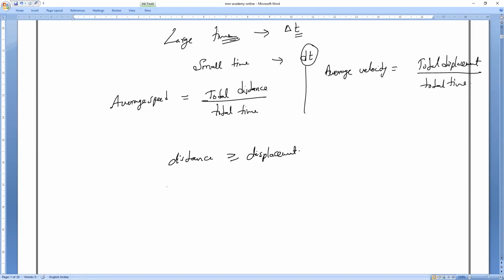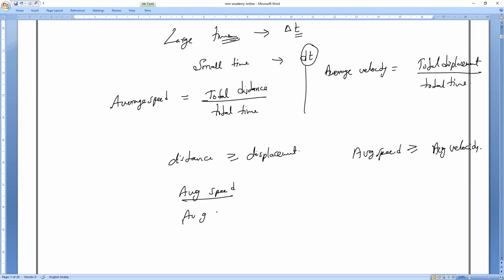In the same way, if I take the ratio of average speed and average velocity, keep it in mind, be very careful. Average speed is always greater than or equal to average velocity. So if I do average speed divided by average velocity, what is the ratio?